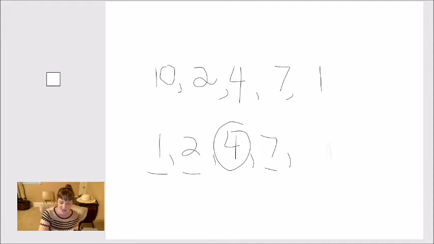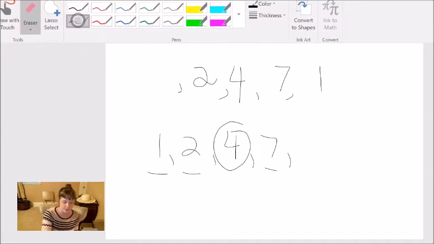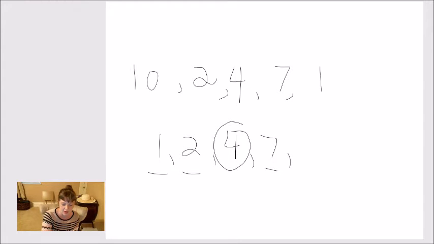And 4 would be the median even if, instead of having a 10 here, this number was 100. Let's say I ask on a scale of 1 to 10, what's your mood today? And one person says 100. 4 is still the median because it doesn't care about how big the numbers are.